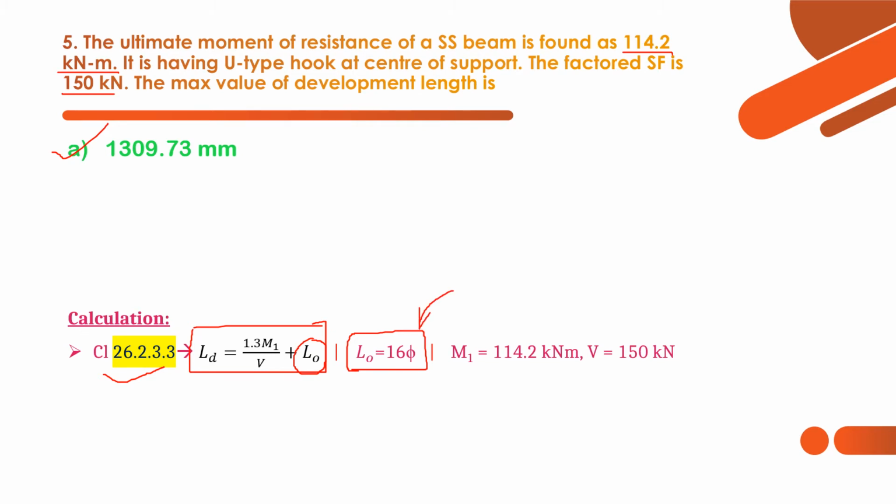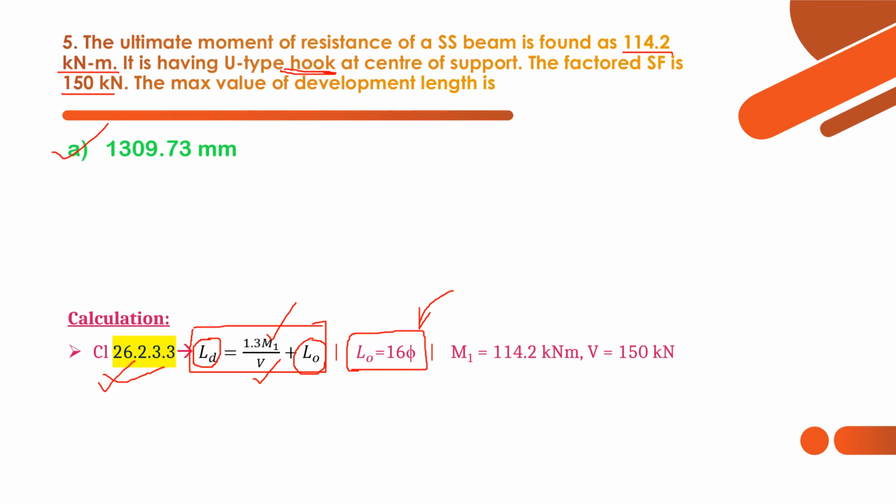We have already seen the maximum anchorage length in case of a U-type hook, as 16.5, in one of the previous questions. So L0 is nothing but 16 times diameter, and here they have given the moment value. So M1 is known. They have also given the shear force value. So V is also known. So just substitute the values of M1, V and L0 using this formula to get the answer for the development length.